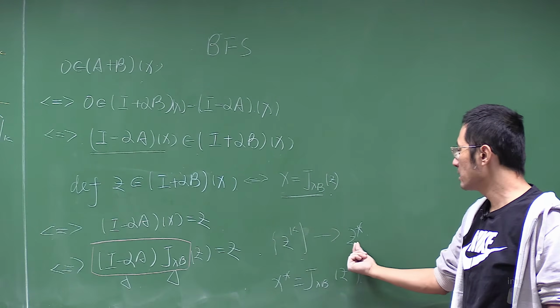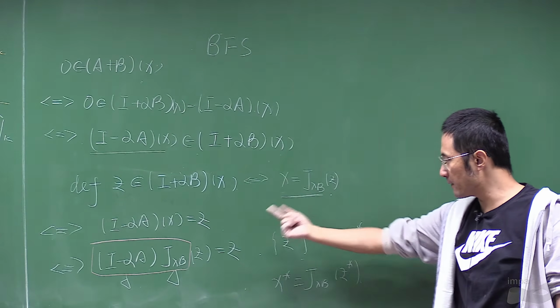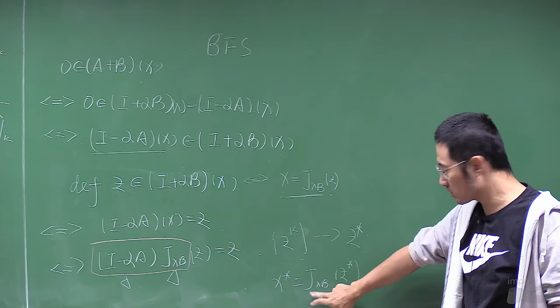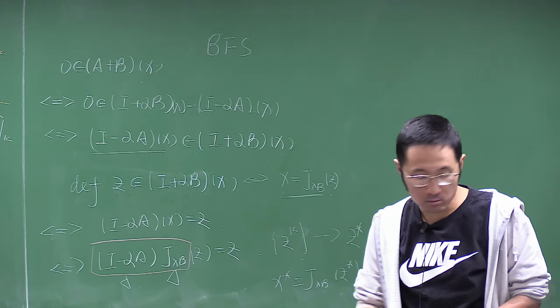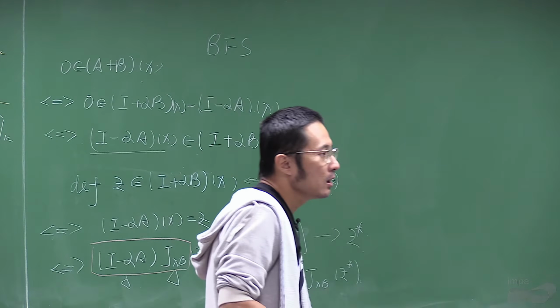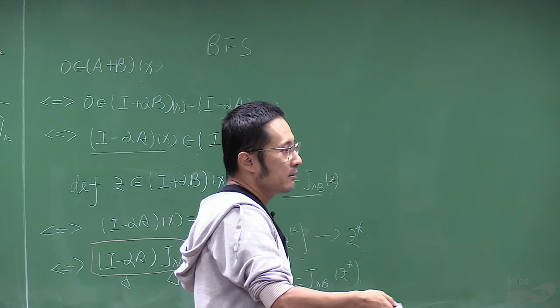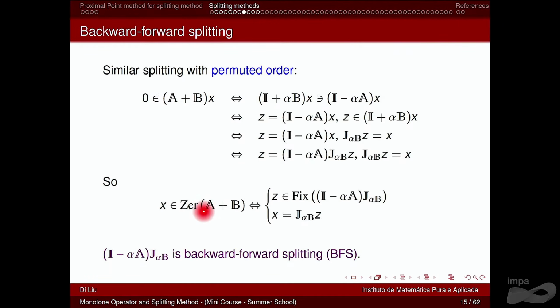After you get the limit point of this fixed point iteration, you take one more resolvent. So you see here, if X belongs to the zero set of A plus B, X is a solution, then it is equivalent to Z being a fixed point of this operator. And the relation between X and Z is that you need to do one more resolvent here. So this is called backward-forward splitting.